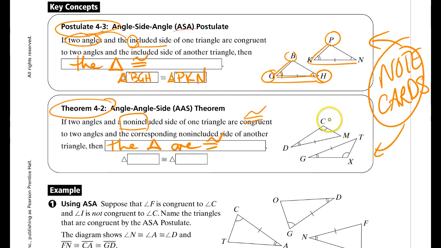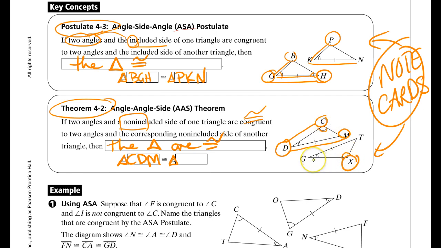So over here, let's go alphabetical, shall we? From C to D to M, triangle CDM, congruent to triangle, well, let's see, which ones are we talking about here? We'd have to use X first because that arc mark corresponds like that.